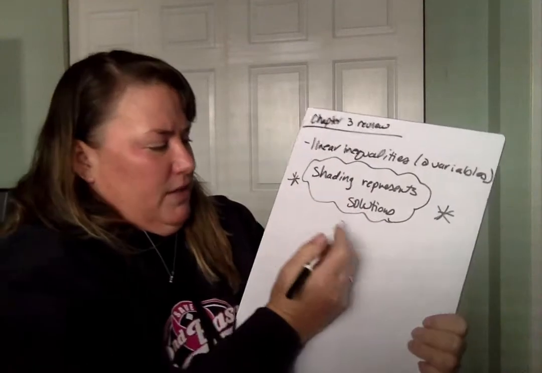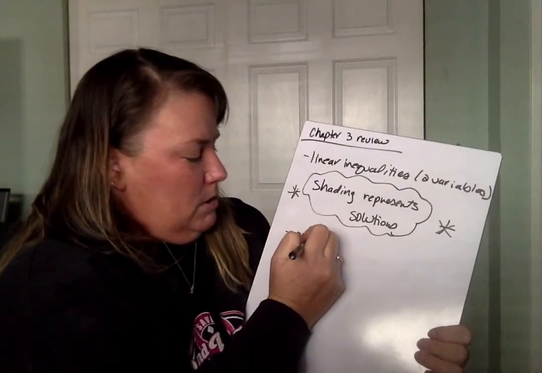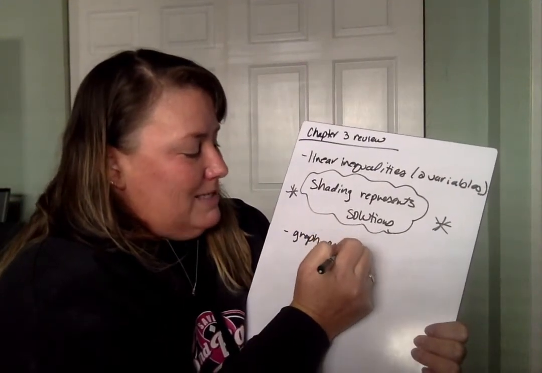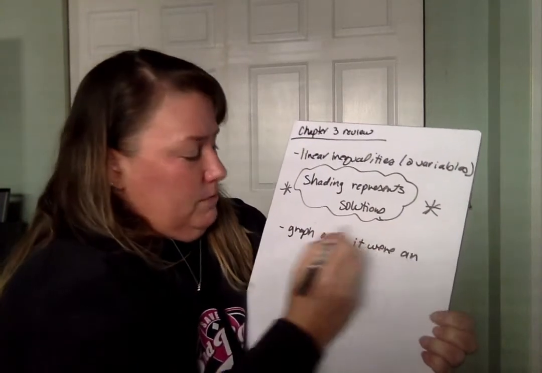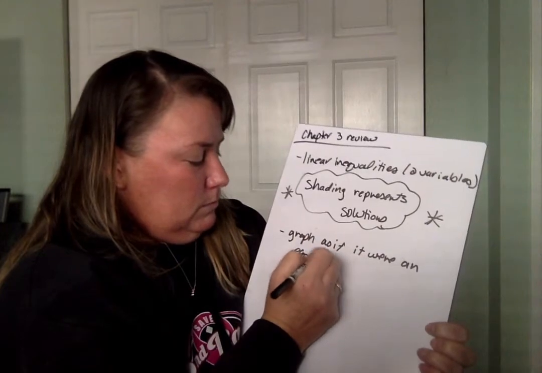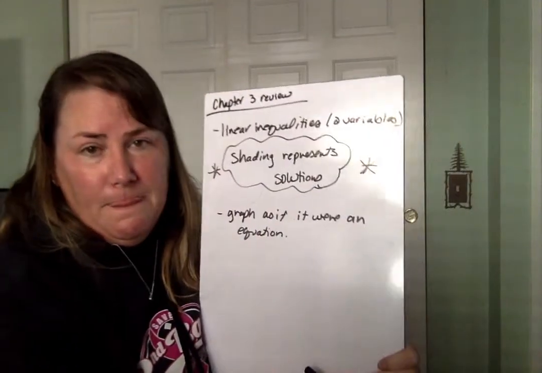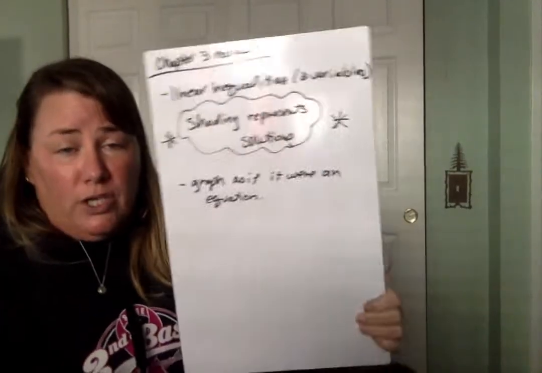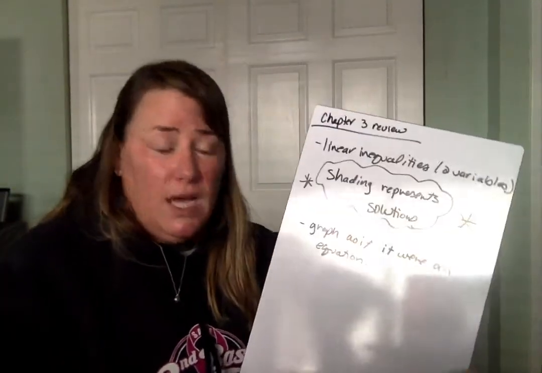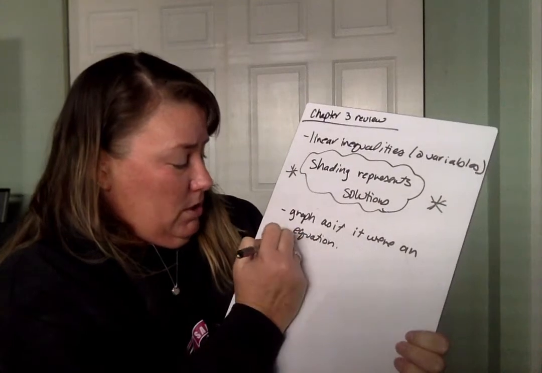So when you graph this, graph as if it were an equation. The only part that differentiates the equation from the inequality is your sign. So graph it as if an equation.